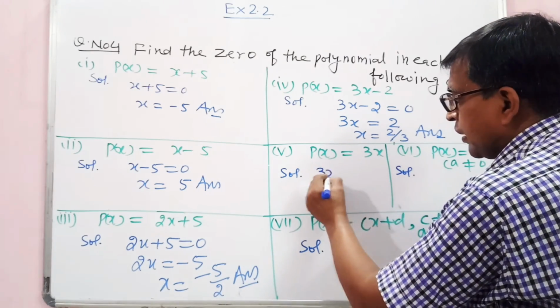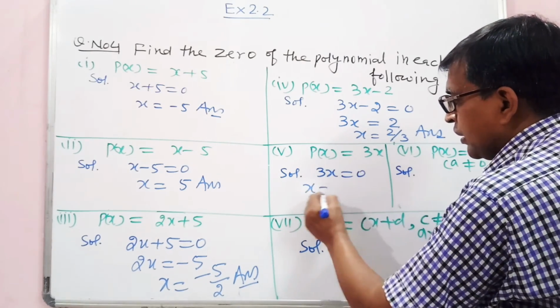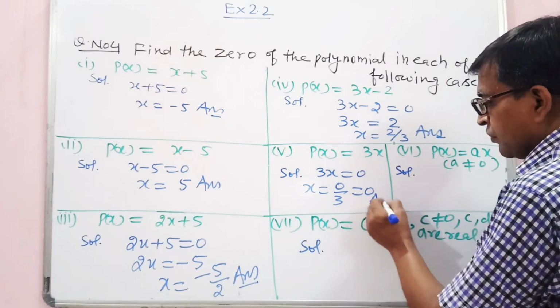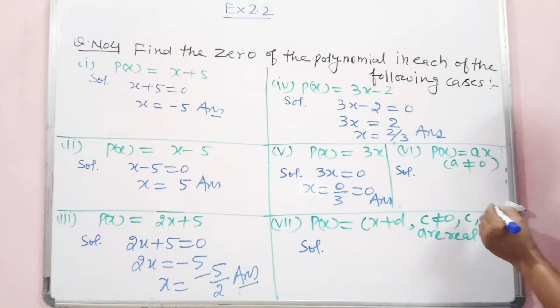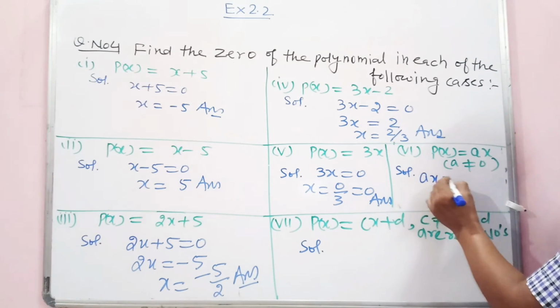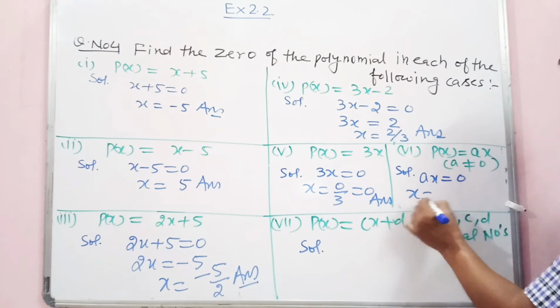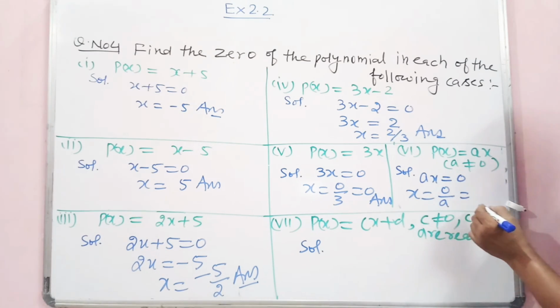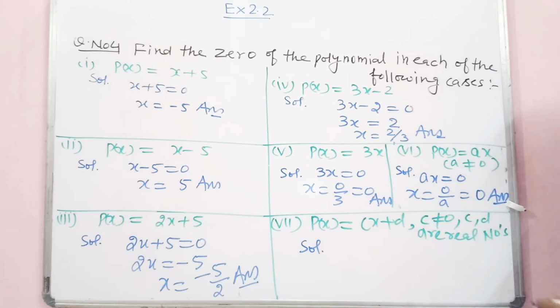Now fifth part, 3x. Then 3x equal 0. X equal 0 upon 3 equal to 0. Answer. Now sixth part, ax equal 0. X equal 0 upon a, a not equal to 0, then 0 upon a is 0. Answer.